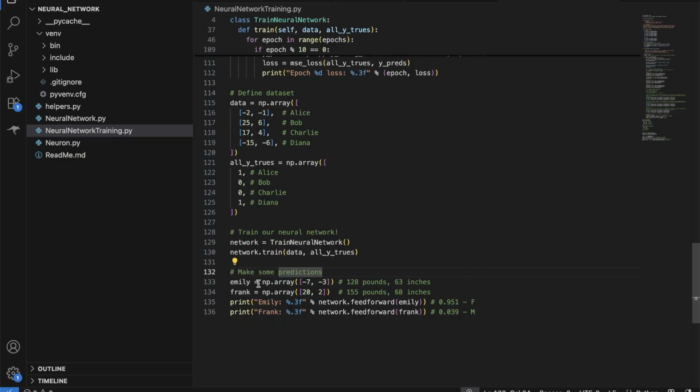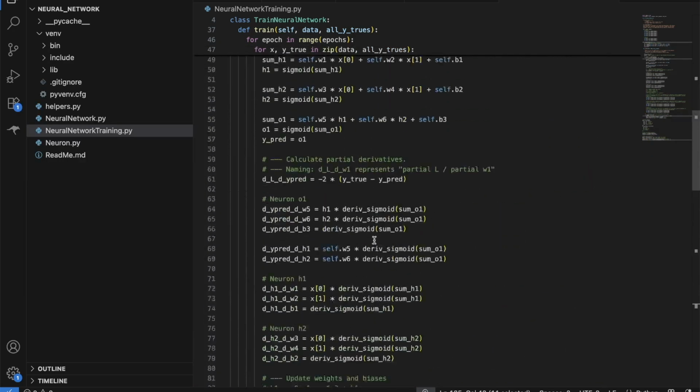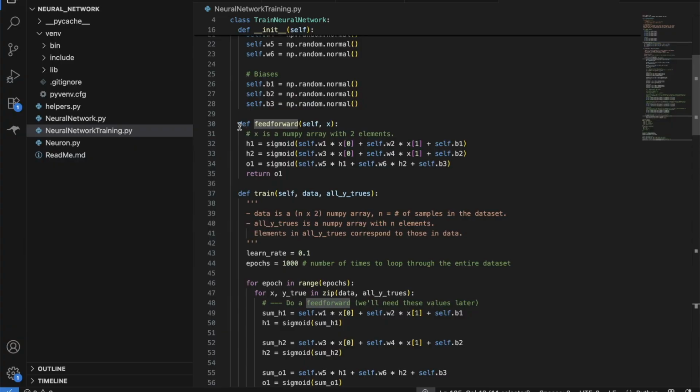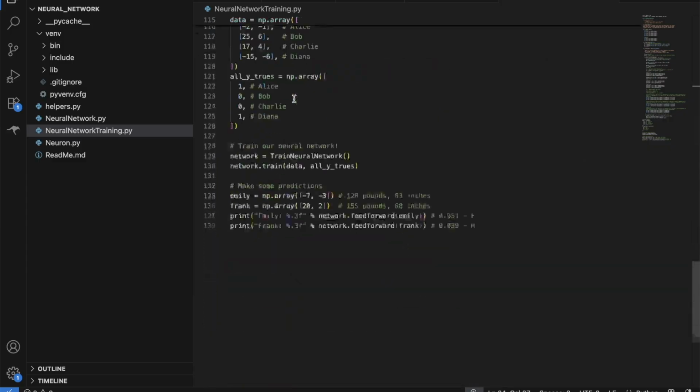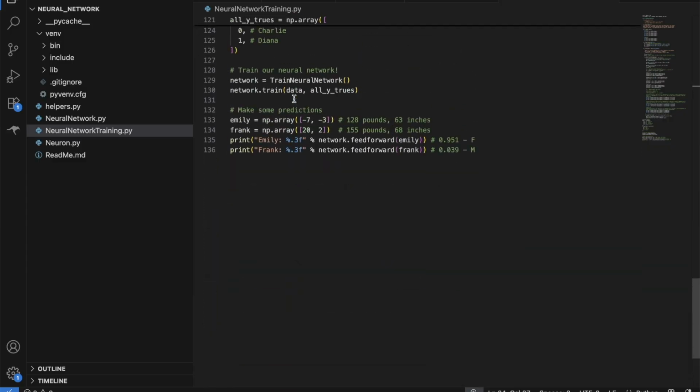Now when I'm passing these two into my feed forward neural network to get the prediction for that person, it will only do this calculation, this feed forward function. It's not going into the train function, it's just going into the feed forward function. So it will just give me the prediction of the neural network, and it will not change weights or biases. I'm just taking out the output of my neural network.